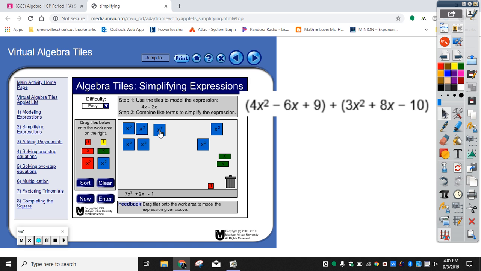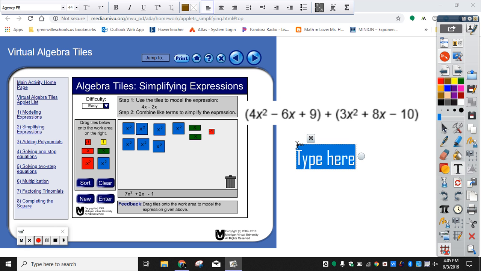And then what I have left over after I've combined all of my opposite pairs is the resulting polynomial from adding these together. And they tell you down here on this line, but also you can see it with the tiles. I have 7x squareds, so this would equal 7x squared.